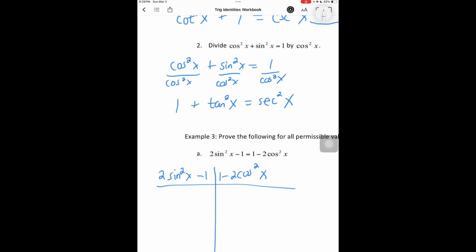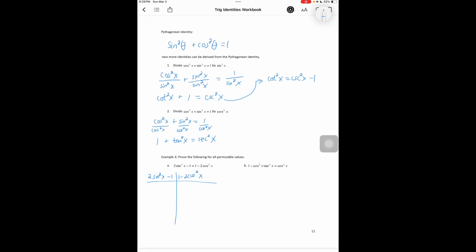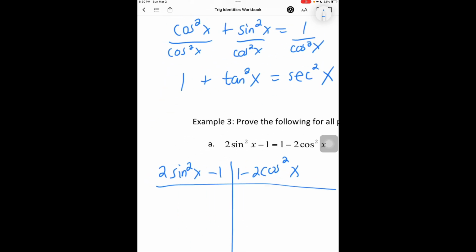But if I were to do that, I feel like it's going to be a lot more complicated. So instead I'm going to change the sine squared x into something I know. If you recall, at the top here, we said sine squared theta plus cos squared theta equals 1. That means sine squared theta is going to be equal to 1 minus cos squared theta.